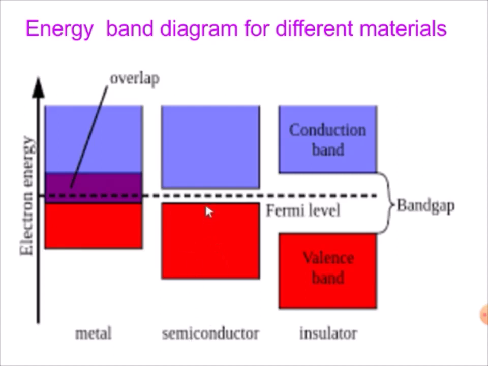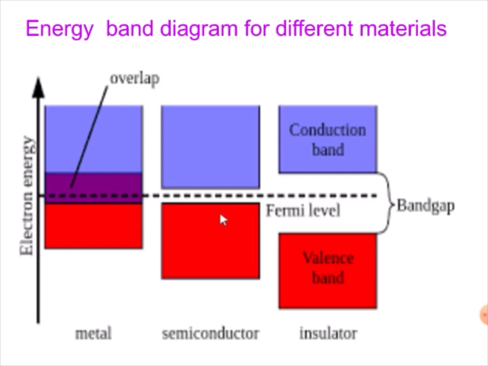There is a completely filled valence band and a completely empty conduction band at 0 temperature, or 0 Kelvin. But at room temperature, what happens? Some electrons might reach the conduction band, well above the Fermi level, from an external source like heat or an externally applied field.